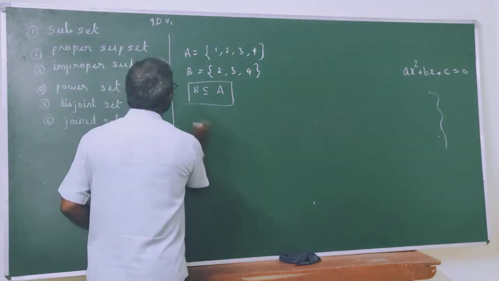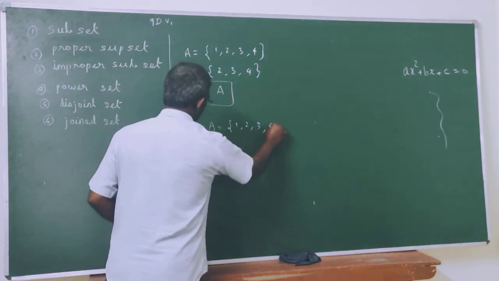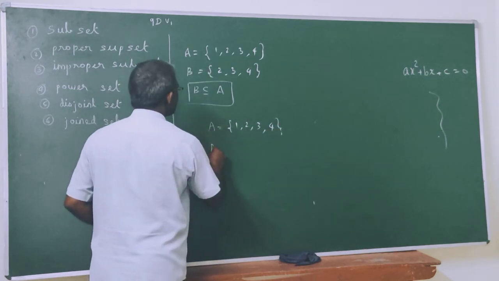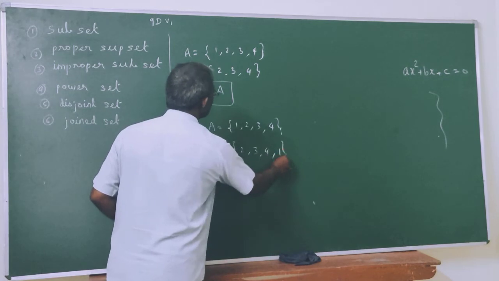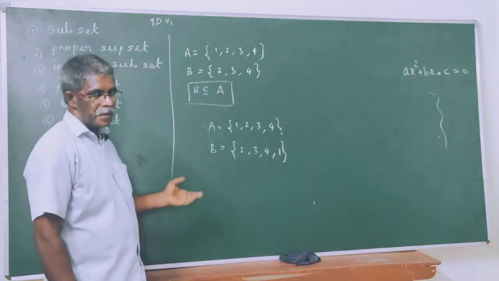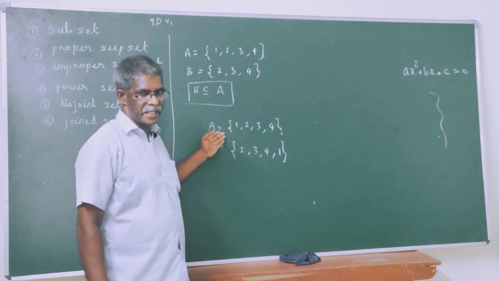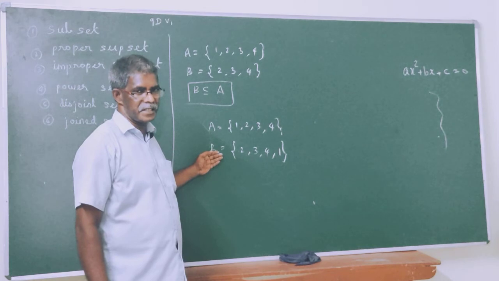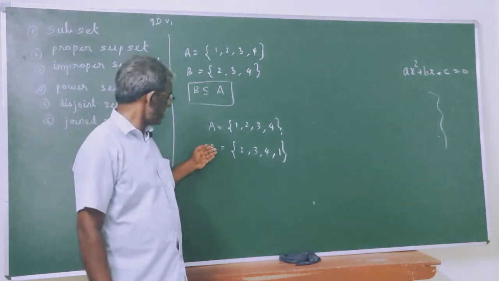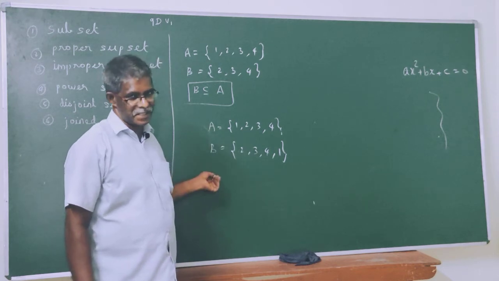Sometimes set A is equal to {1, 2, 3, 4} and B equal to {2, 3, 4, 1}. Now the elements of B are contained in set A, and similarly the elements of A are contained in set B. So these two sets are improper subsets.